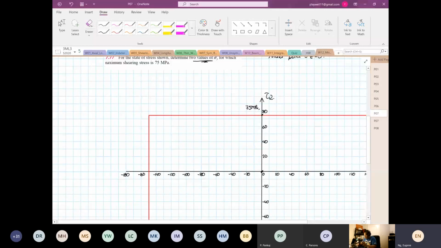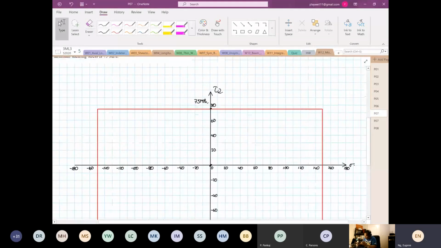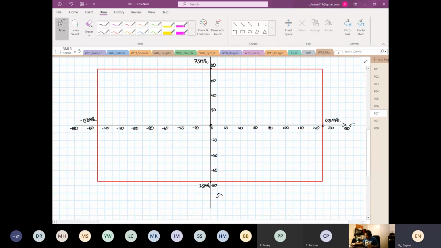So the most this circle could do is what? 150 megapascal positive and negative 150 megapascal, the most. Why? If I draw the circle now, it has to pass through stress Z point. So this is one part of the circle. This is the most the circle could go, because point Z is the anchor point.